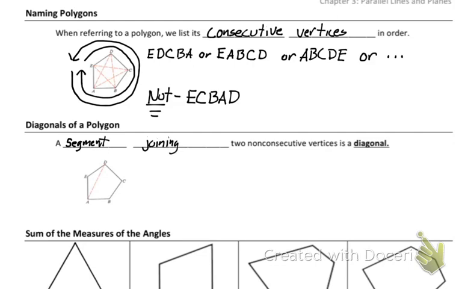And they have to be non-consecutive because you have to be able to draw it. This would not be a diagonal. This right here is a diagonal. And we just name it like a segment. A, D. Diagonal AD.